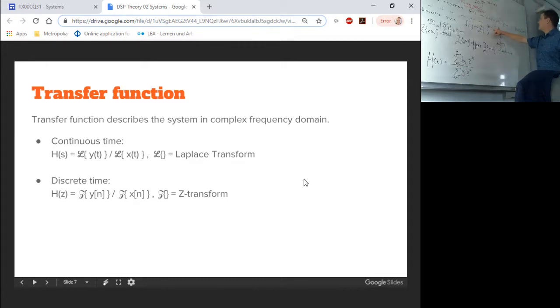Same thing as for analog systems, where you have the S, the Laplace transform, you get the system frequency response by simply replacing S with j omega.